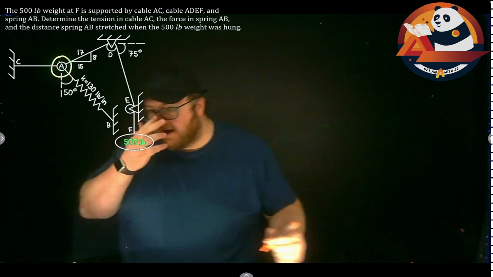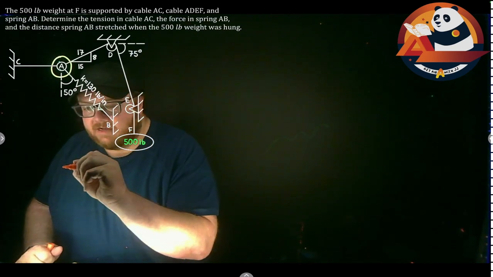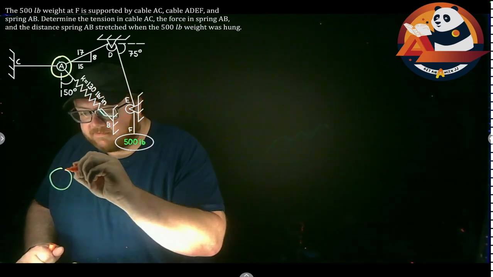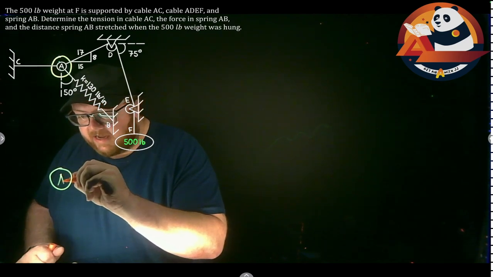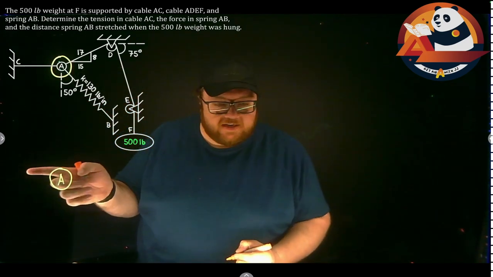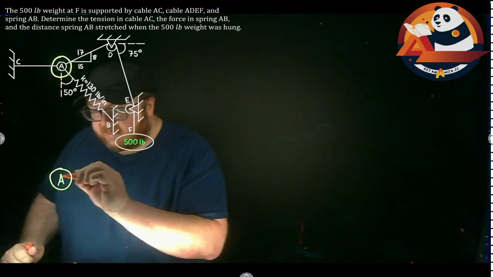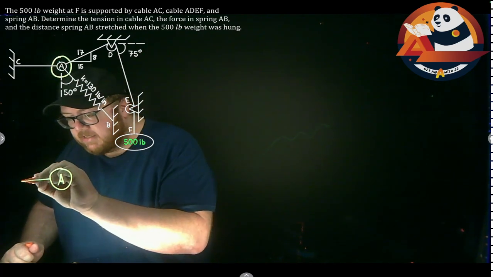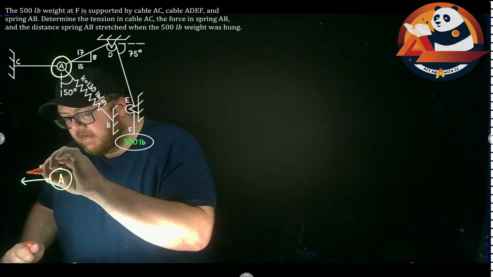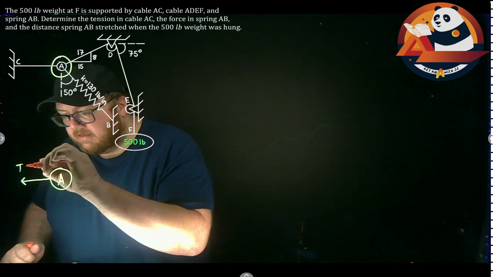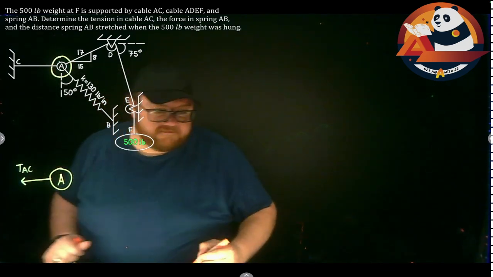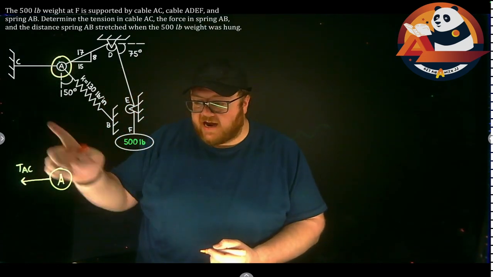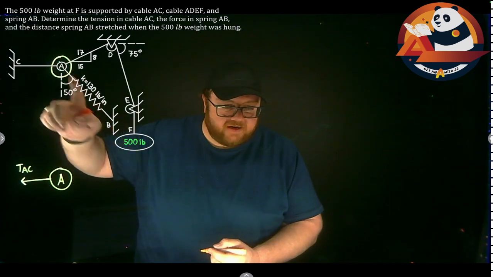Our free body diagram, let's sketch it down below. If we draw this in, we have our particle A. I know that straight to the left from here, I cut cable AC. So going straight to the left, we have a tension in AC, T_AC. I know that going down and to the right, I pass through spring AB.